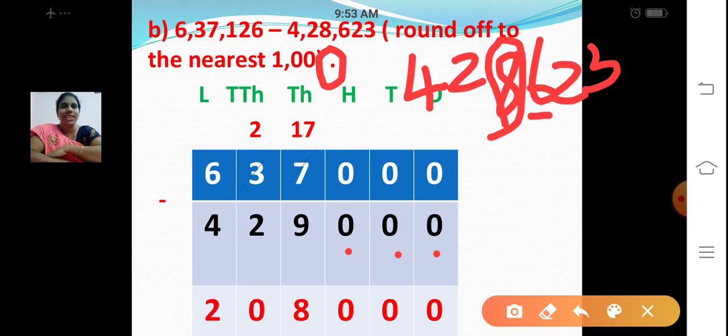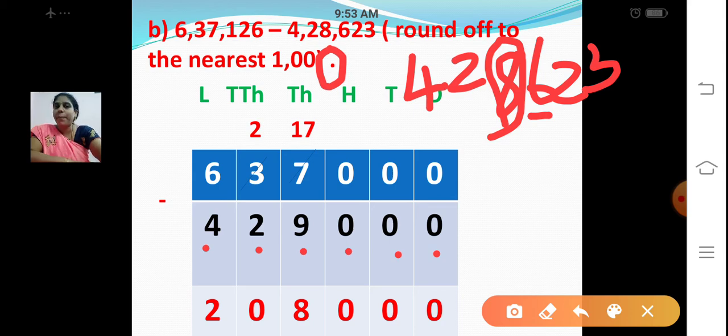What digit am I having in the thousands place? 8. So 8 plus 1, 9 in the thousands place now. So 4,28,623 is rounded off to 4,29,000.